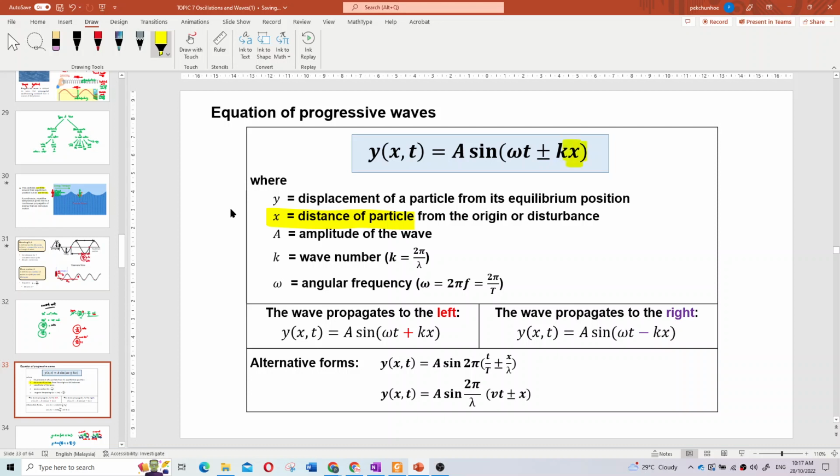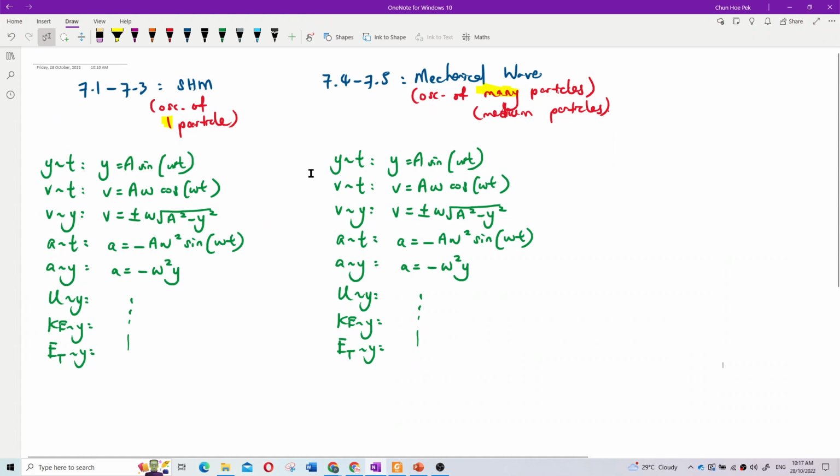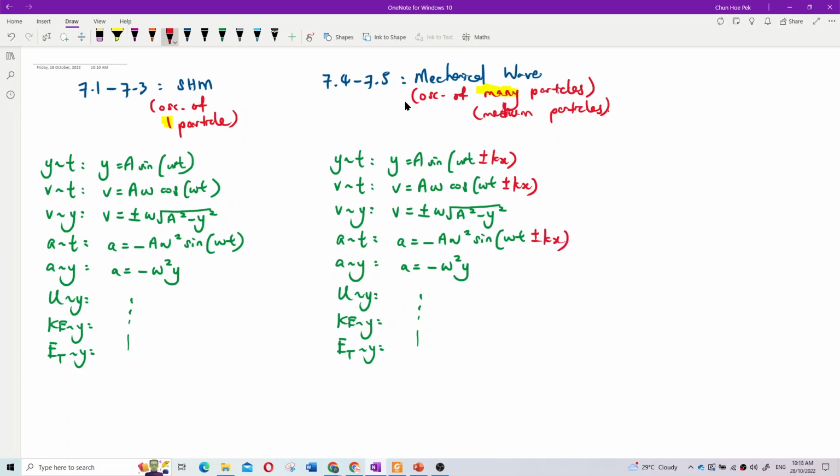That's the purpose of x here. So this equation we still use back, but we do a little bit of modification. How do we do it? We put plus minus kx into it. Here we have plus minus kx, and then here we have plus minus kx. Understand, class?